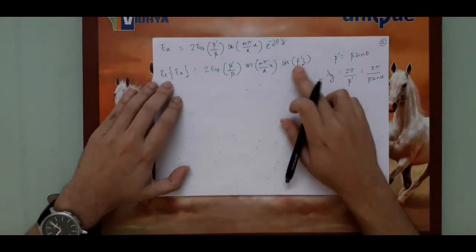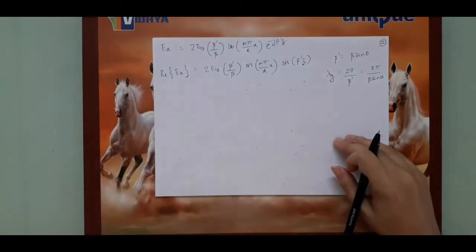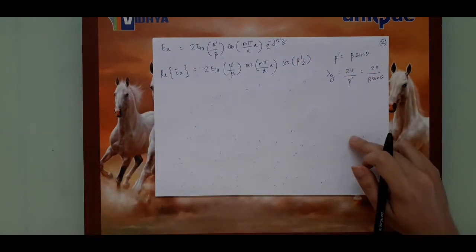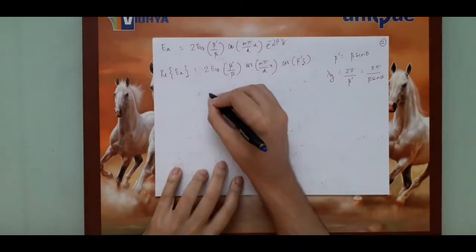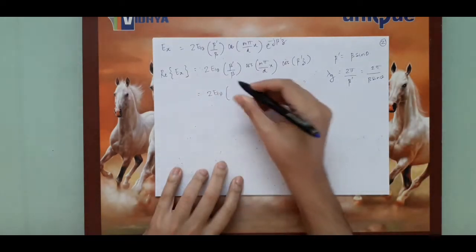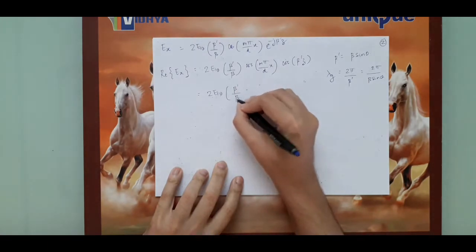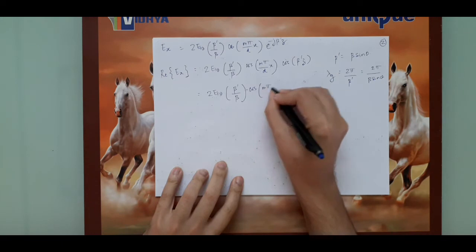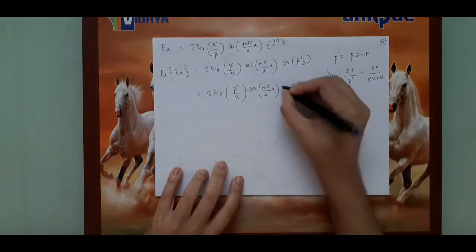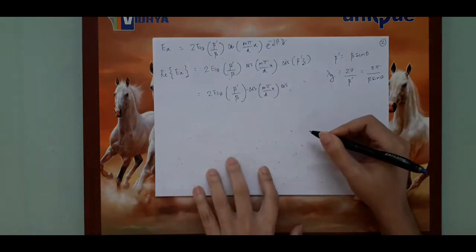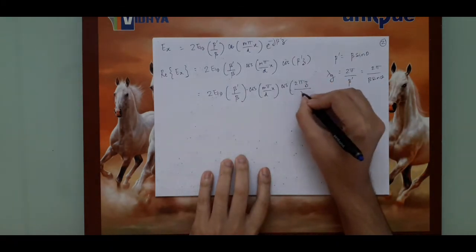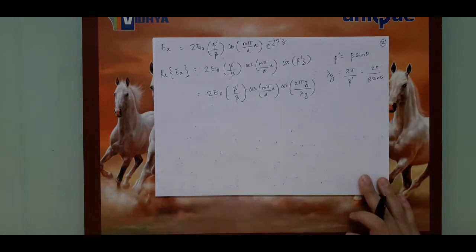So this becomes 2ei0 beta prime by beta cos m pi by dx times cos of 2 pi z divided by lambda g, because beta prime is nothing but 2 pi by lambda g.